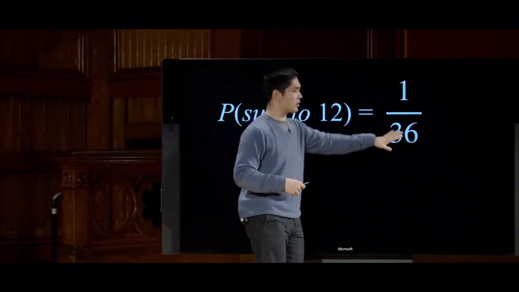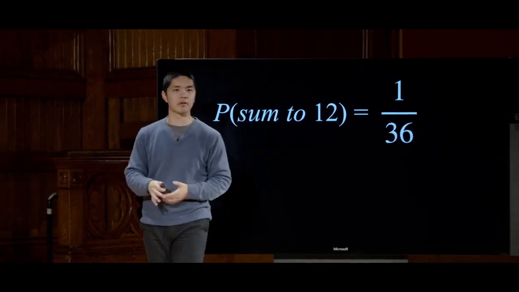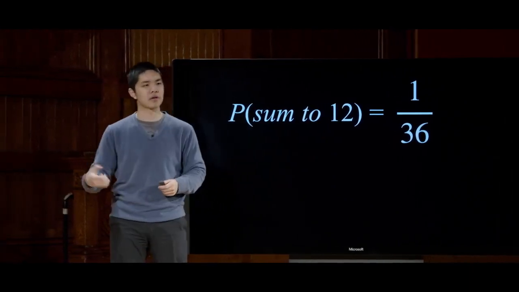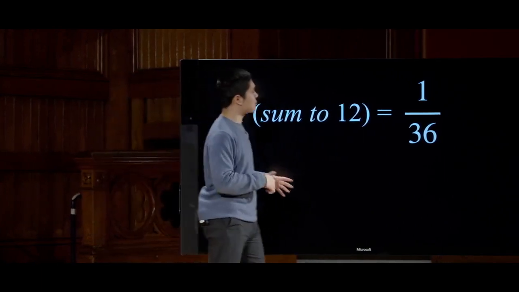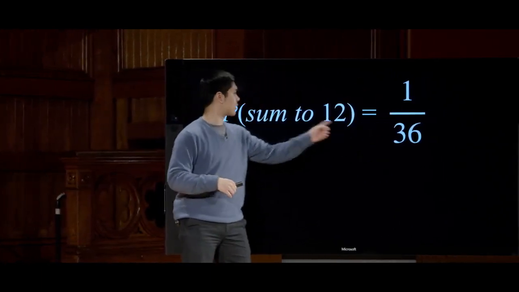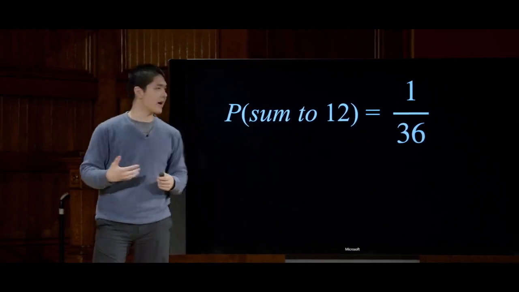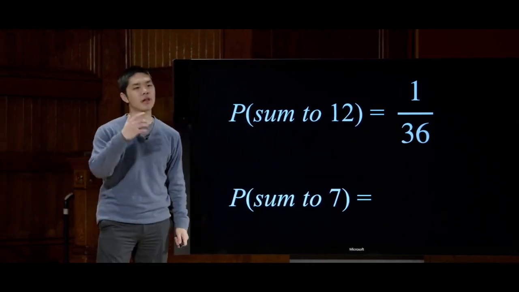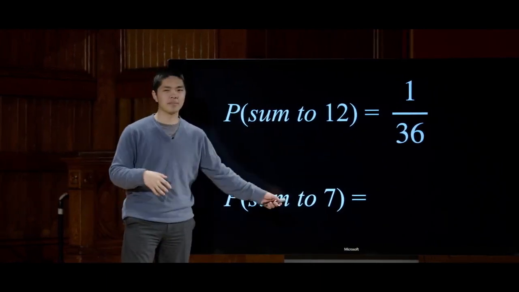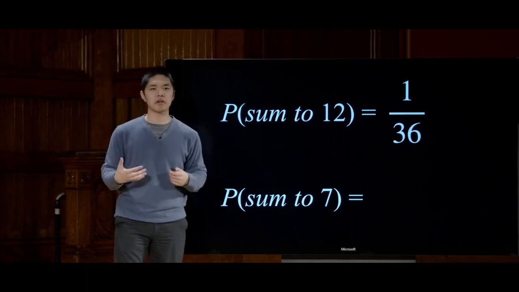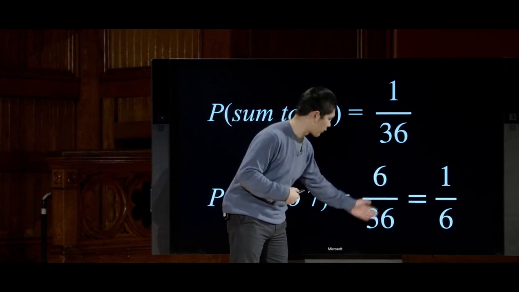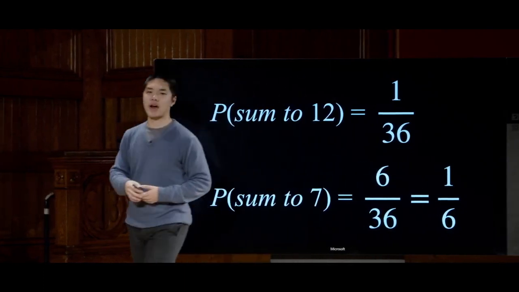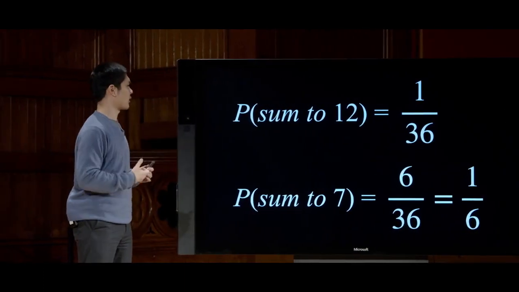Out of the 36 equally likely possible worlds, 6 squared, because we have 6 options for the red die and 6 options for the blue die, out of those 36 options, only one of them sums to 12. Whereas on the other hand, the probability that if we take 2 dice rolls and they sum up to the number 7, well, out of those 36 possible worlds, there were 6 worlds where the sum was 7, and so we get 6 over 36, which we can simplify as a fraction to just 1 over 6.